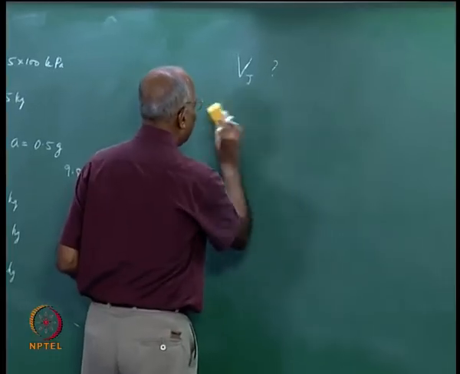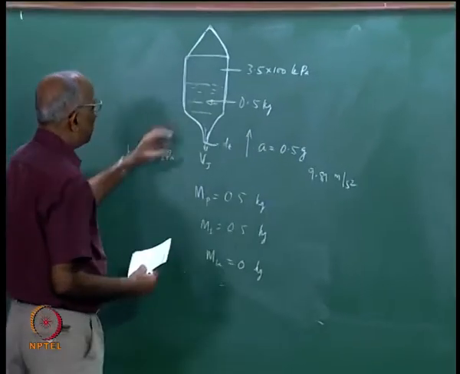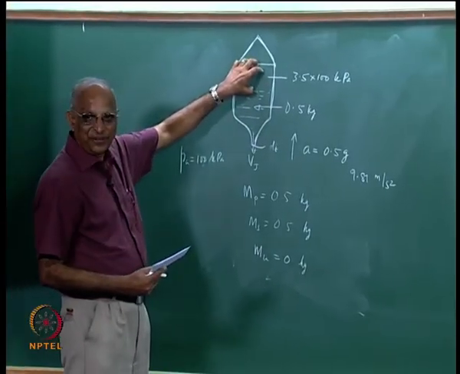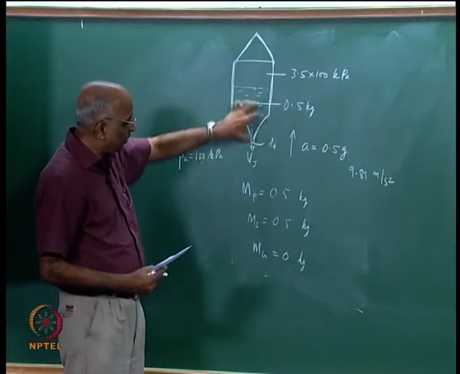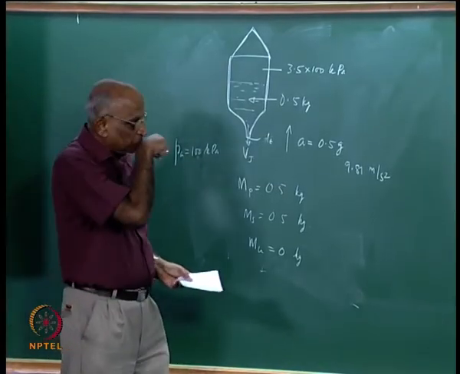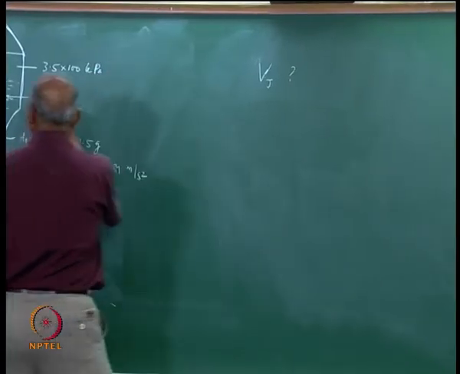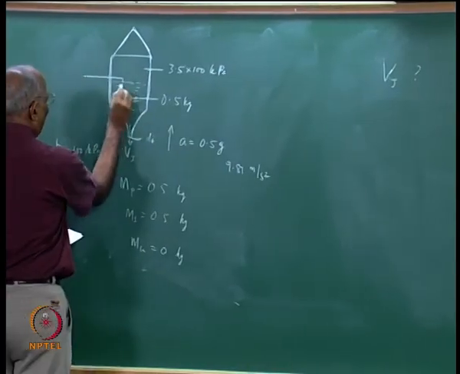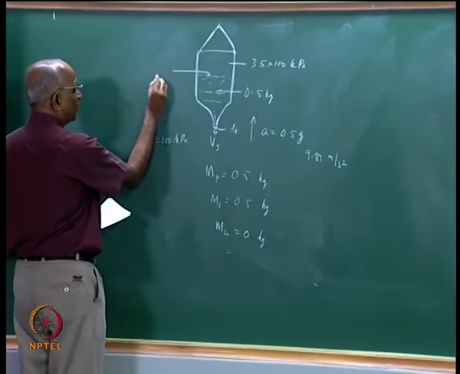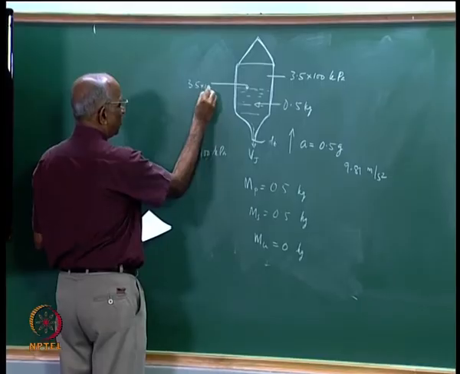How do I calculate the value of Vj is a question. I am pushing out with pressure over here. What is the flow rate, or what is the velocity with which water will move? Let us say on this surface of water, the pressure is 3.5 into 100 kilopascal.